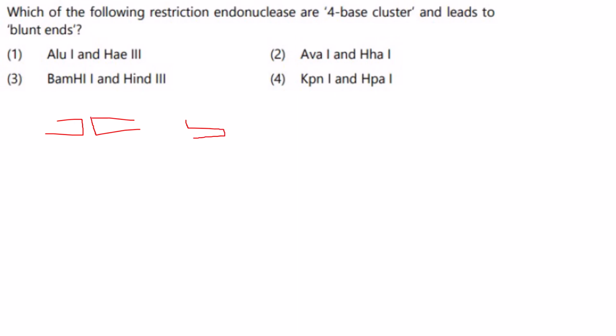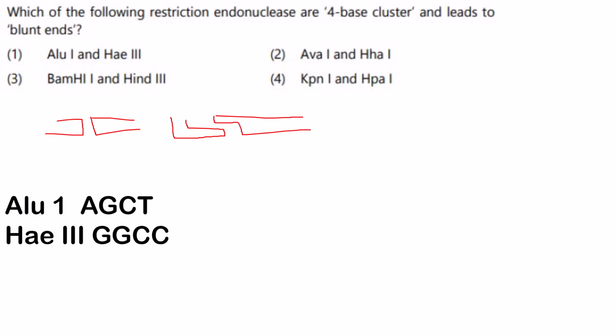And if you get overhangs like this, it is cohesive ends. So for blunt end, they will cut directly in the center of the recognition sequence usually. Okay, we will see one by one.